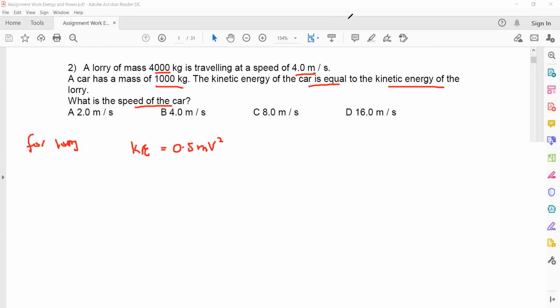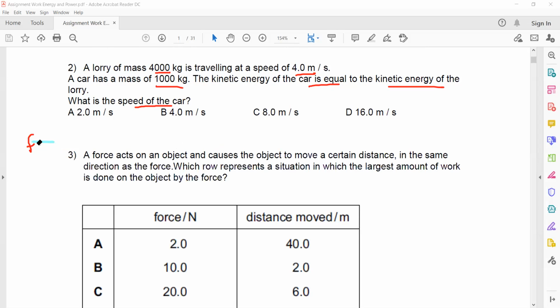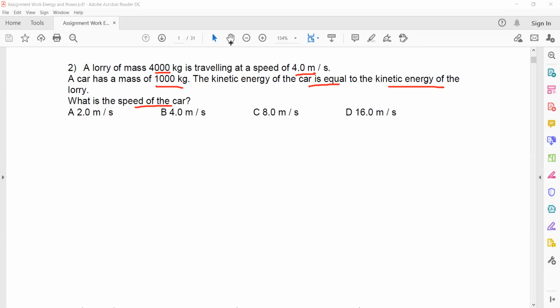So the kinetic energy of the truck and the kinetic energy of the car is the same in the question. So we can say half mv square, the kinetic energy of the truck, is 32,000.